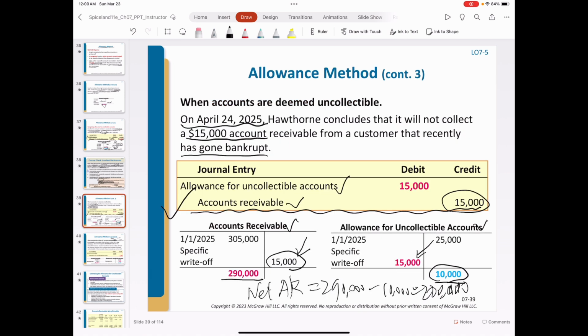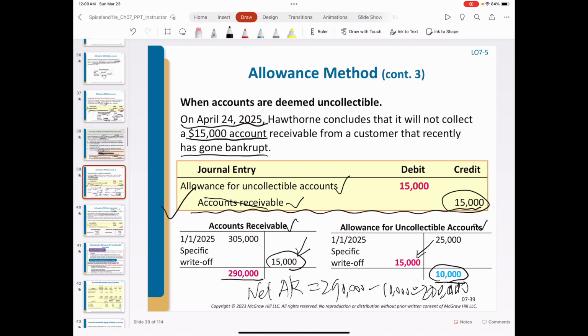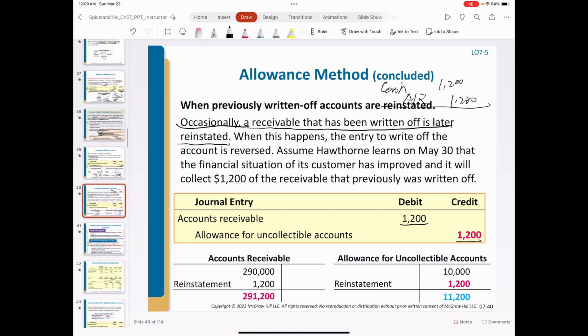The next journal entry is write-off. Write-off is based on the fact. So what we do is we debit allowance for doubtful accounts and credit accounts receivable. Why do we say this is a write-off? Because we write off these assets directly instead of the control asset account. The next one is reinstatement or recovery.